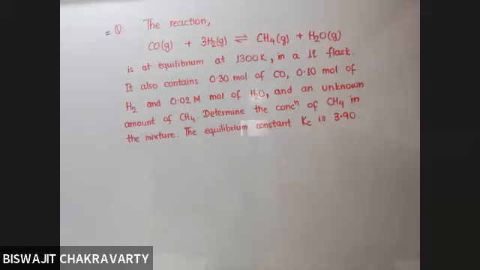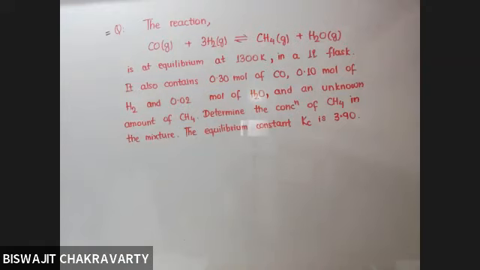Written, sir. Okay, here what it says is that a reaction equilibrium exists, total volume of the flask is 1 liter. It contains 0.30 mole of CO, 0.10 mole of H2, 0.02 mole of H2O, and an unknown amount of methane.